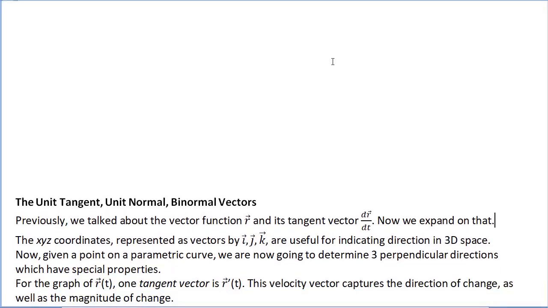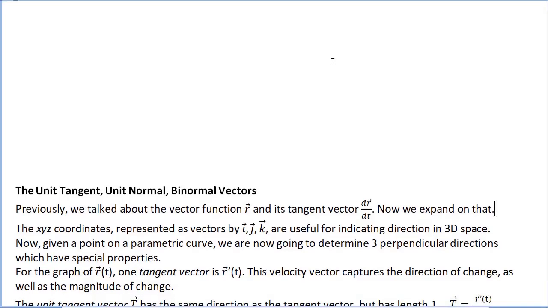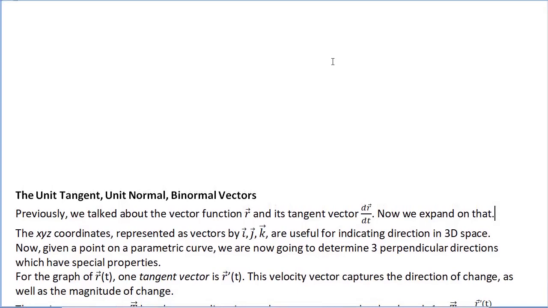So first of all, we know that with the curve, we have a tangent vector, which would be dr dt or r prime. Now, what if we just wanted to turn that vector purely into direction? As we talked about previously with vectors, we turn it into a unit vector.